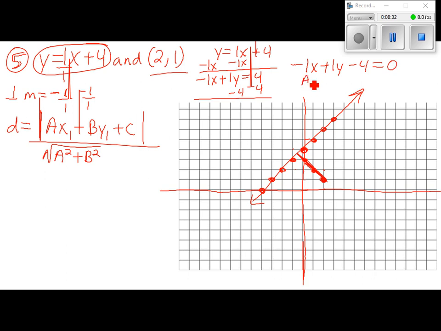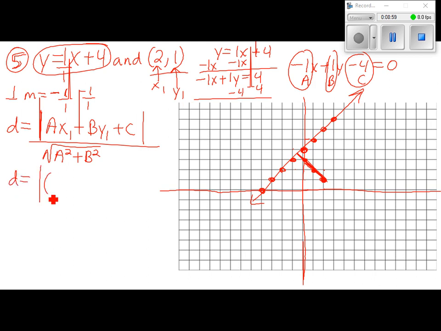This is our A, that number that's with the x. This is our B, that number that's with the y right there. And this is our C. Make sure you don't forget the sign there. Then our x1 and our y1 are right here. That's x1 and that's y1. And we just plug them all in.